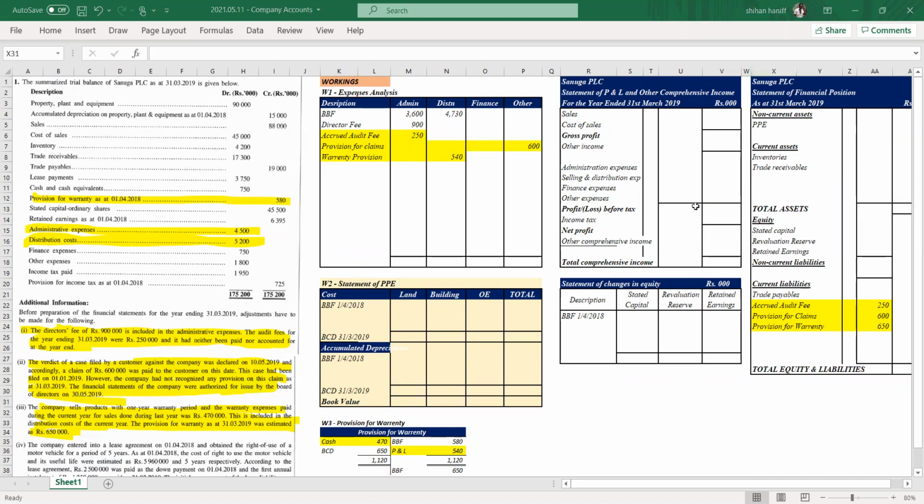Warranty provision, we don't take to administration because warranty is given for sales. We give warranty for sales, so it is a distribution expense, not an administration expense. Remember that warranty provision is a distribution expense.